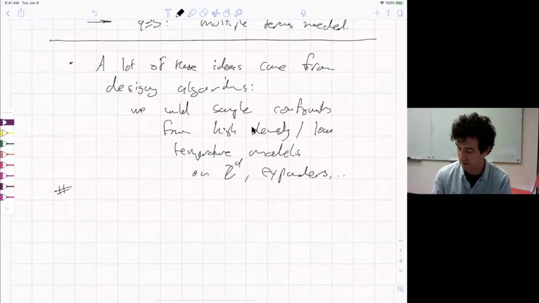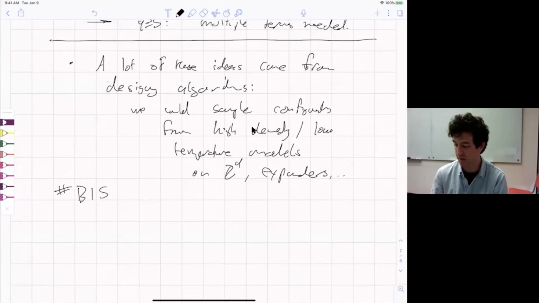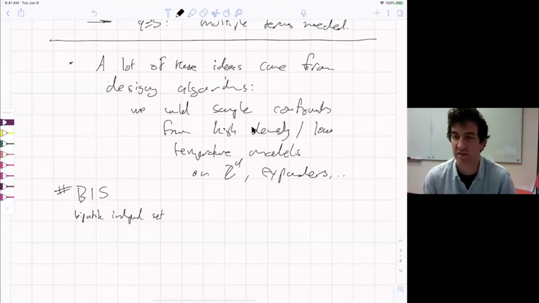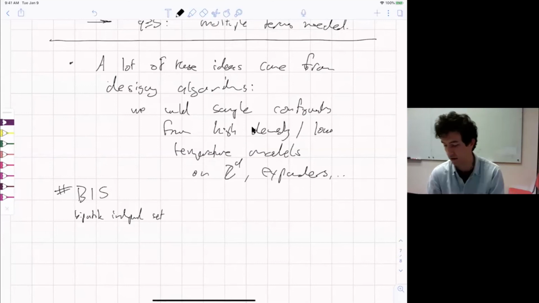I'll just write this, I won't even explain it, but there's a class of counting problems, #BIS, bipartite independent set. And the complexity of this class of problems for approximate sampling is still open. We don't know if it's hard or if it's easy. And the ideas that I've been describing a lot, we worked through in designing algorithms for certain classes of graphs for these #BIS-hard problems.